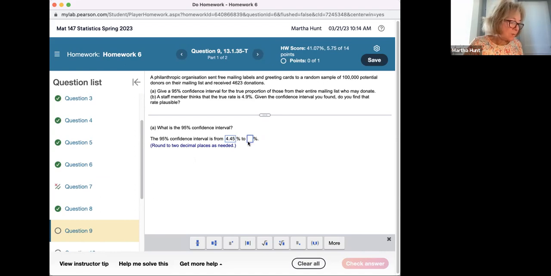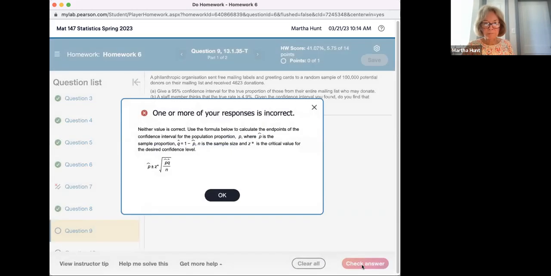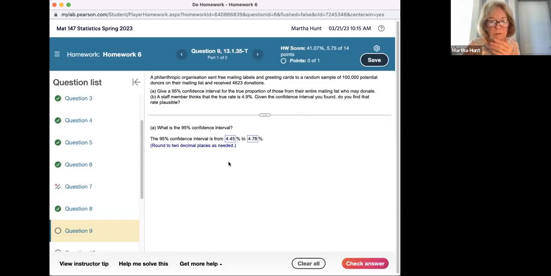And then all of this gets rounded up. It's going to be a 4.8, 4.78. Hope I did my rounding correct. Okay, what did I do? So that gets rounded up to a 5.